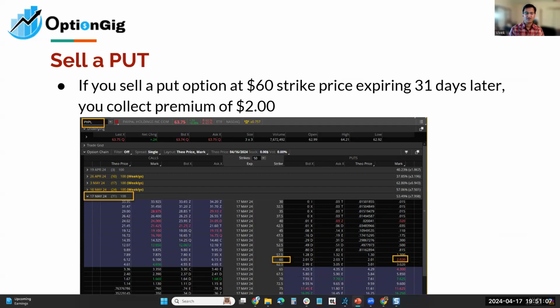You want to buy the stock at 60, but if you put a limit order and nothing happens, then actually nothing happens in your portfolio. You just wasted your time. In the case of a put option, you actually got paid $2.